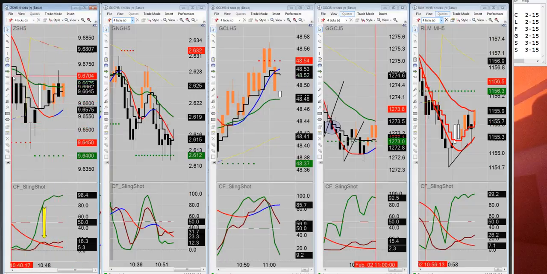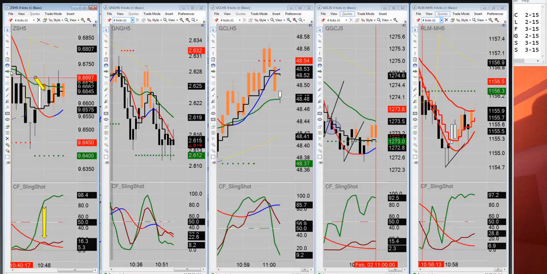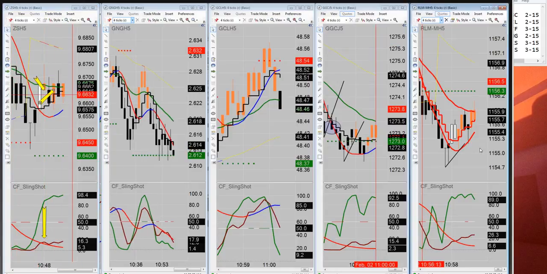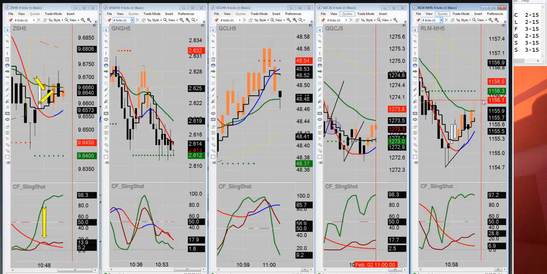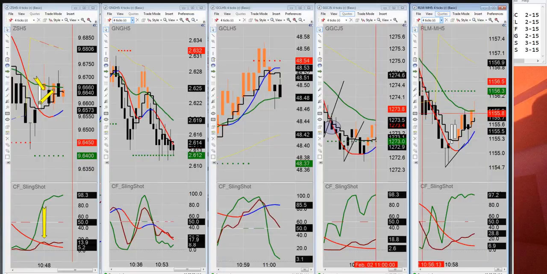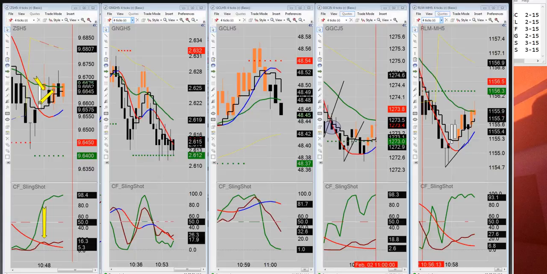All right, and we ended up break even on the soybean trade. A down close of this bar right here, 56.1 down to 55.7, would be a short trade on the Russell.